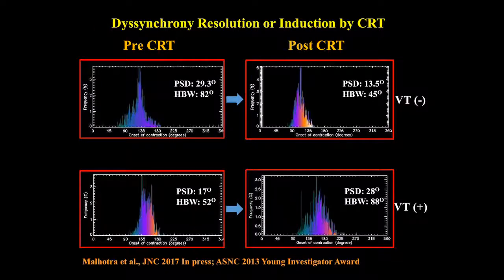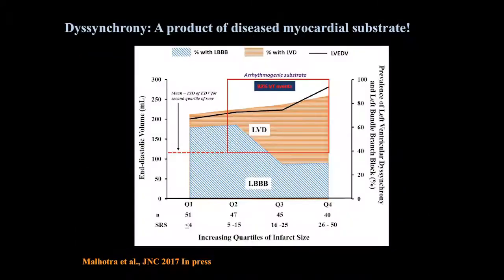This is an example of a patient in whom the dyssynchrony completely went away and had no VTs, and an example of a patient in whom dyssynchrony was induced and had VT after CRT. So we concluded that dyssynchrony is a product of diseased myocardial substrate.